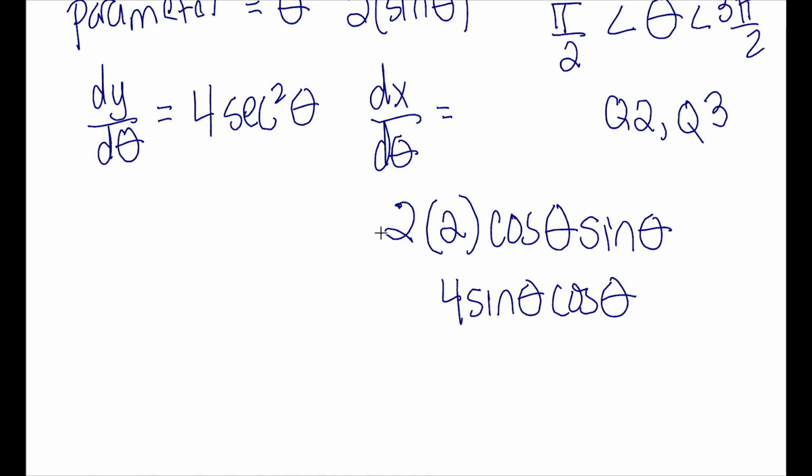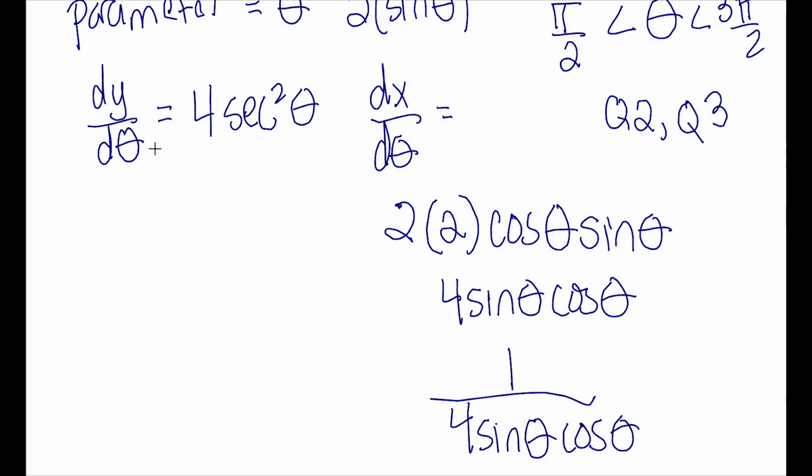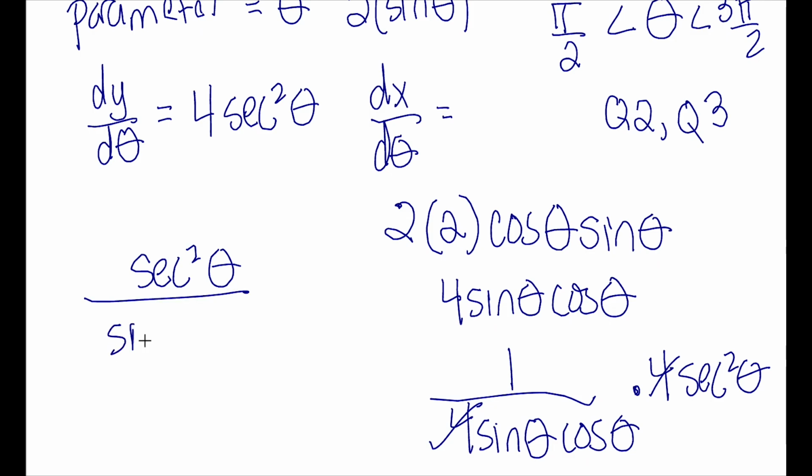Now this is the derivative of x, so we need to make the reciprocal, and multiply that by the derivative of y. Okay, the 4's are going to cancel, and we have secant squared theta over sine theta cosine theta.